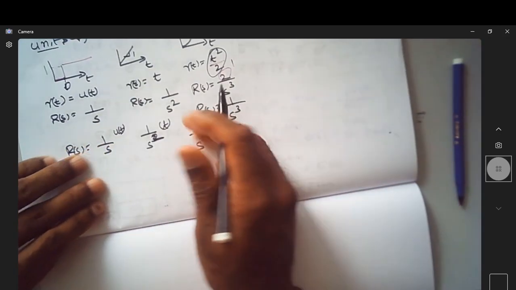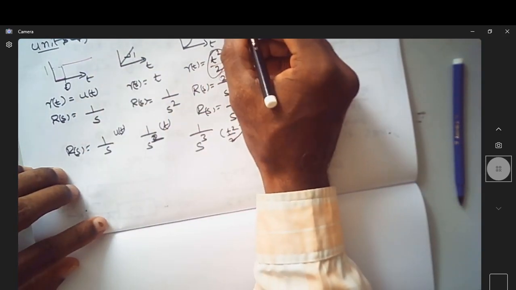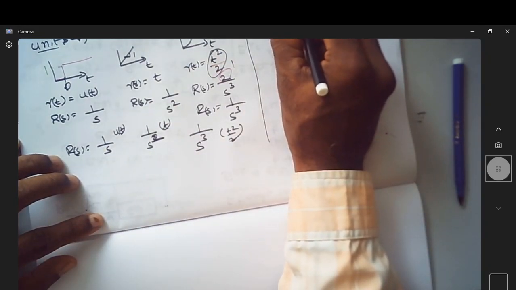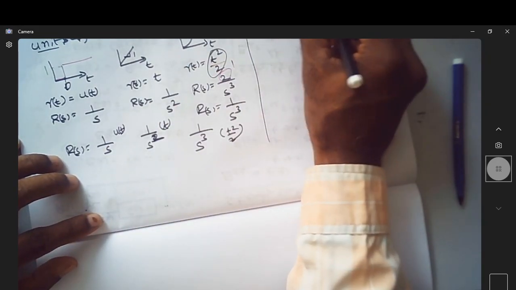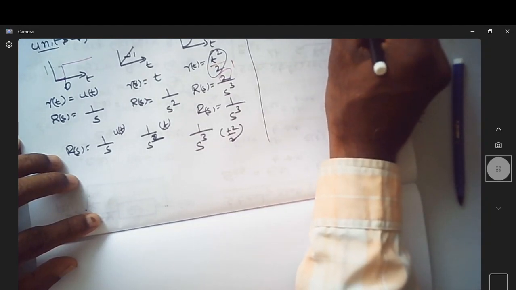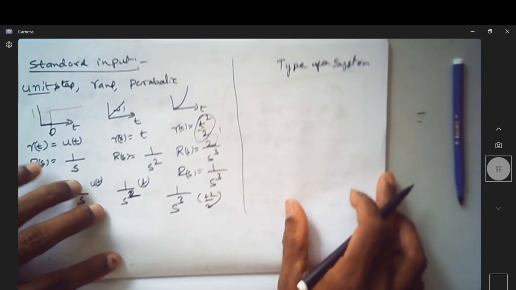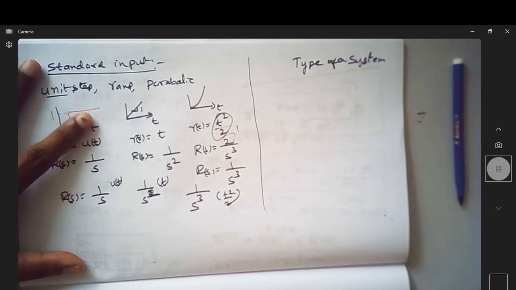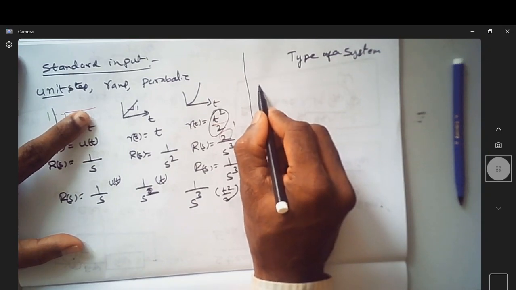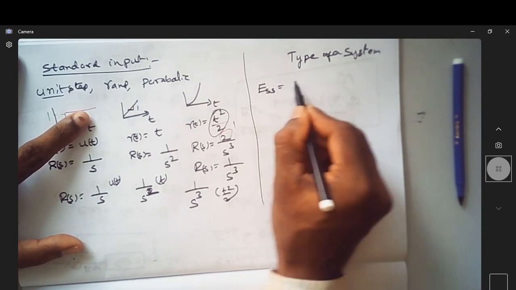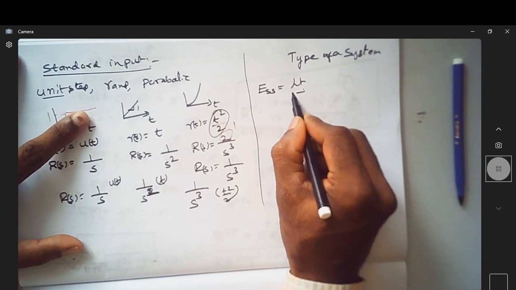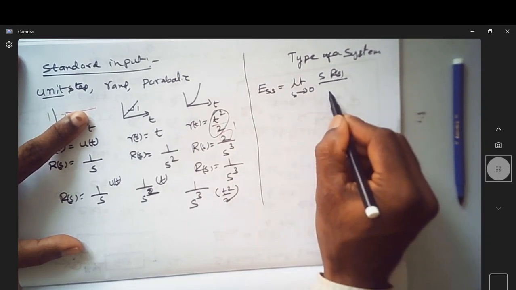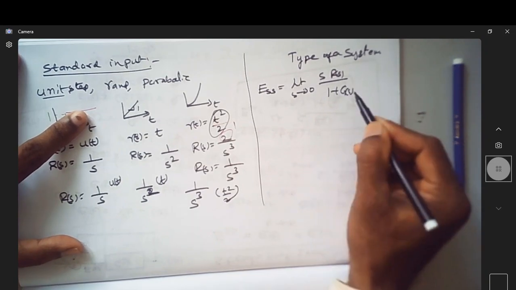Now this is about the input, then comes the type of a system. When we are finding the steady state error, we write limit of s tending to 0, s into R(s) by 1 plus G(s).